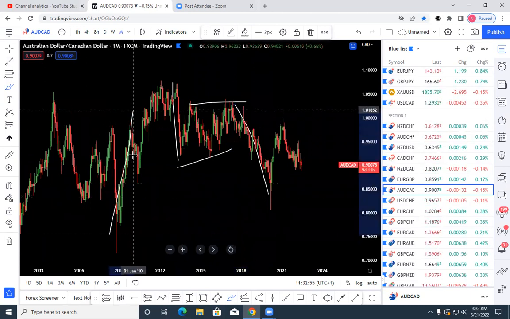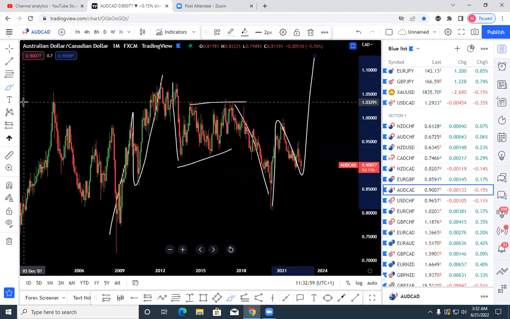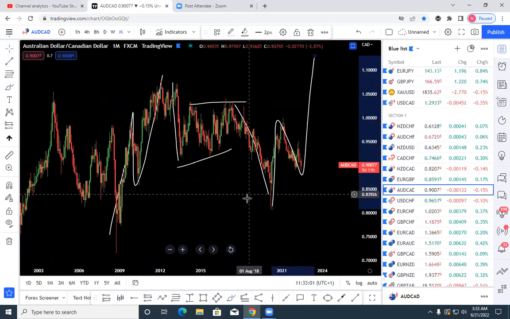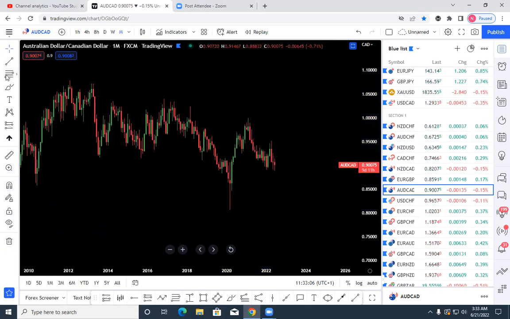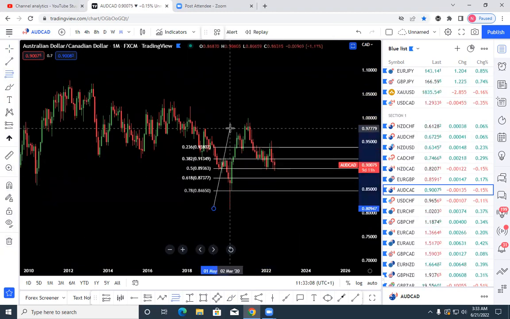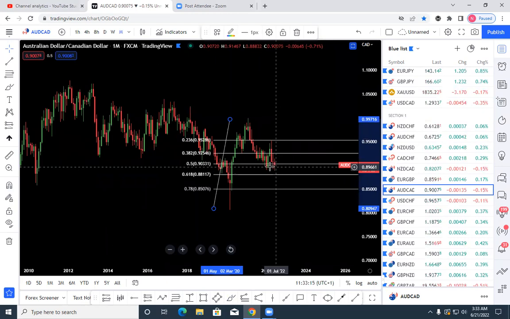So this three-wave structure to the upside here must be replicated here, guys, to the upside for us to have a complete structure. But if you look at it very well, if you take a fib of this impulse here, right now we're at 50%.